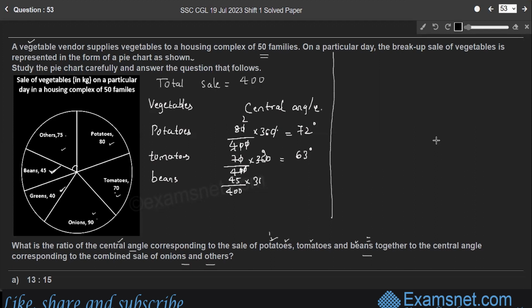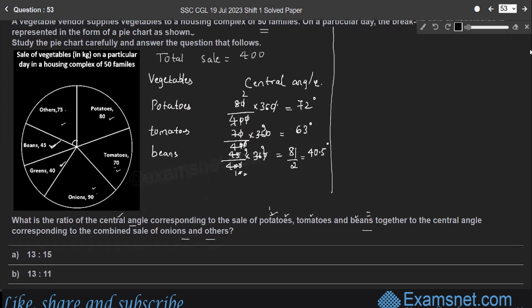Therefore for 360, so we can do 4 into 10, 4 into 9, then 5 into 2, 5 into 9. So 81 by 2, which is 40.5 degrees, the angle corresponding to beans, right?